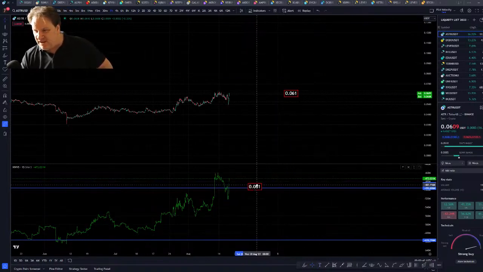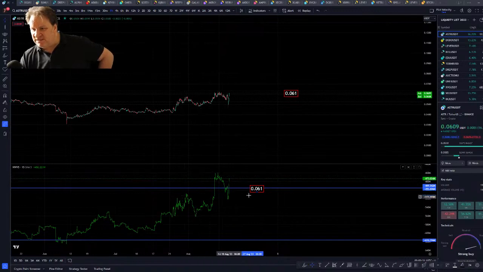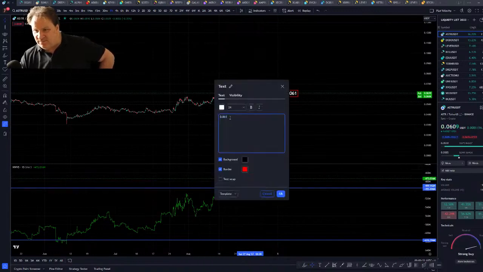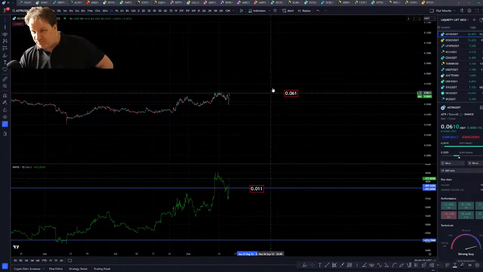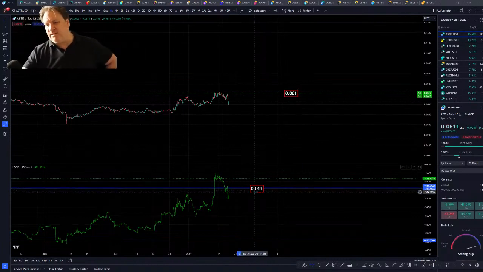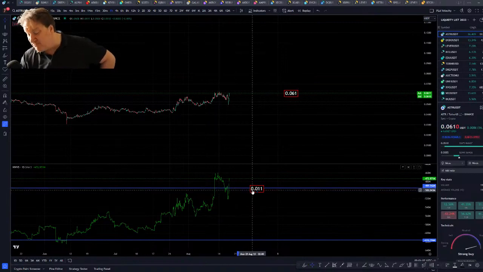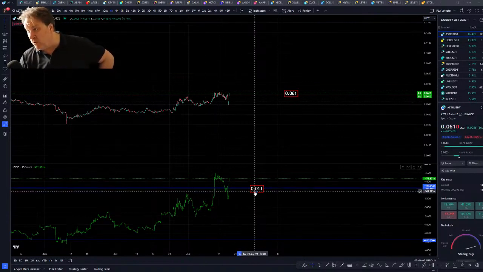So that is the price as it stands, but you can see, sorry, that is actually 0.011. So we're here, but Newton's wave has shown us that it has gone past the last price peak, which was in April, of 0.011.